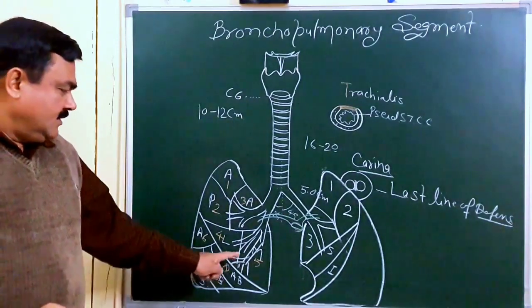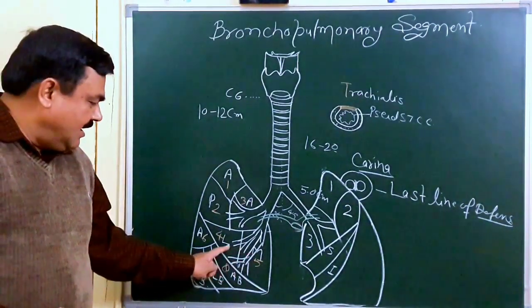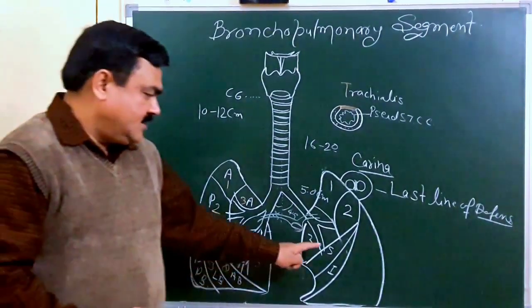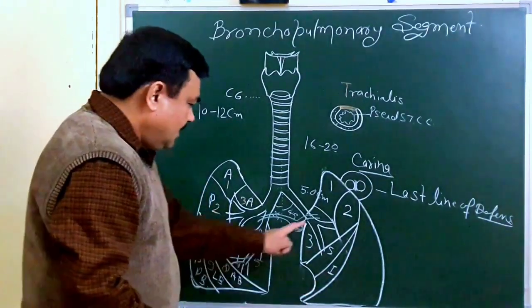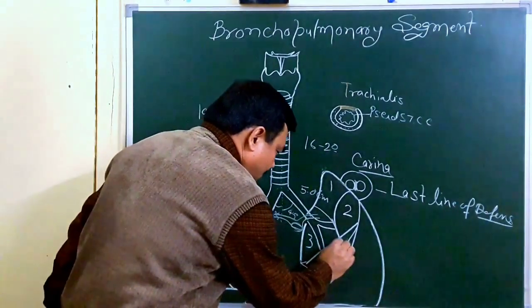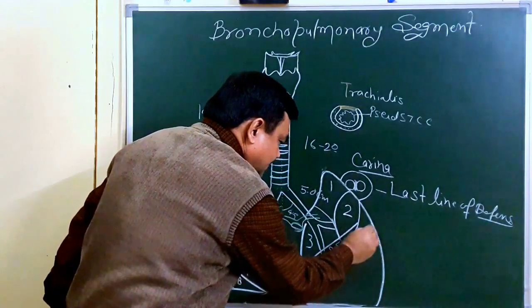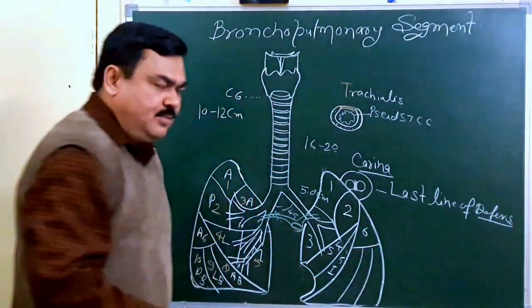Remember, in the right lung there is medial and lateral bronchopulmonary segment. In left lung there is superior and inferior. So 1, 2, 3, 4. This is 4 number. This is 5th number. Here is 6th number, that is apical of the lower lobe.